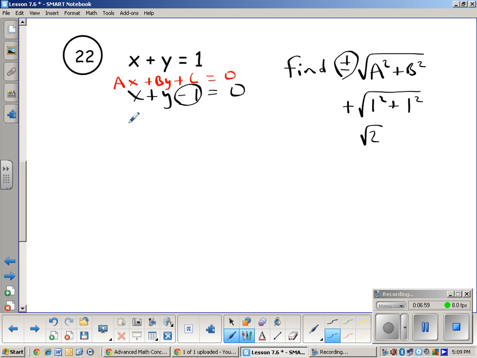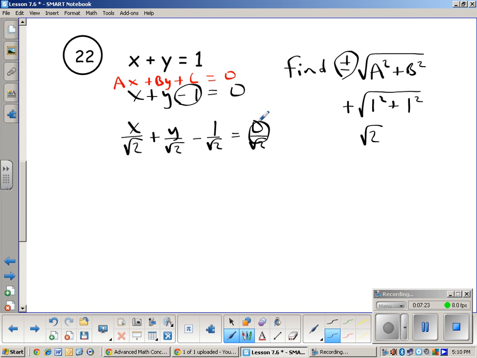And so that's x over square root 2 plus y over square root 2 minus 1 over square root 2 equals 0 over square root 2. And as you know, it doesn't matter to show 0 divided by square root 2. That's still going to be 0, isn't it? Okay.